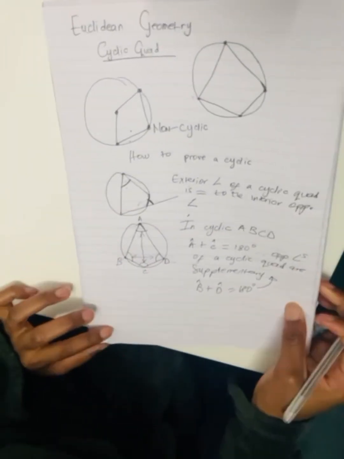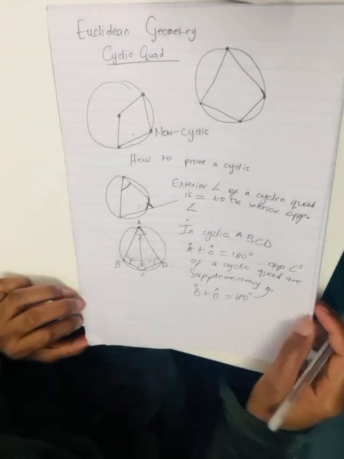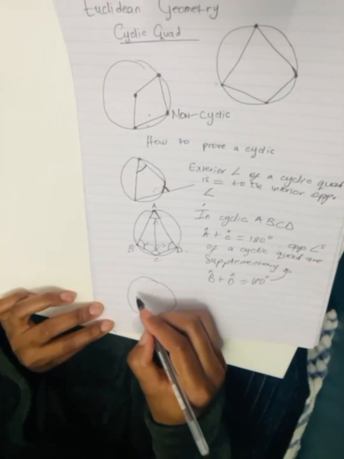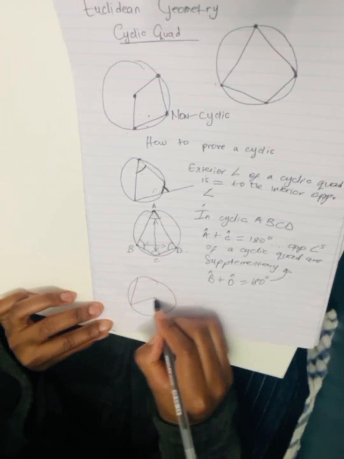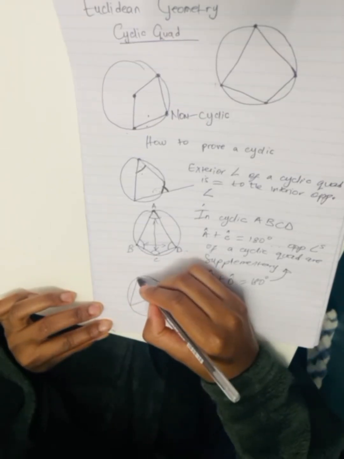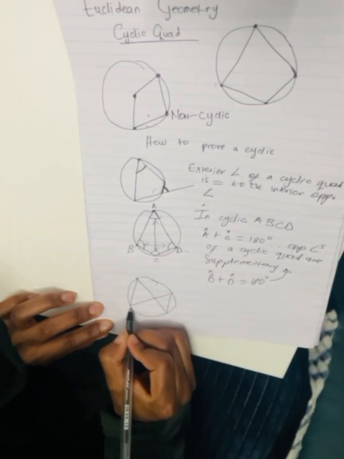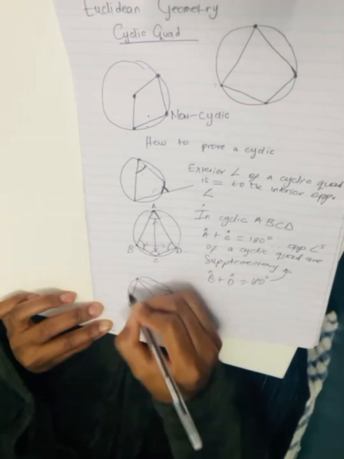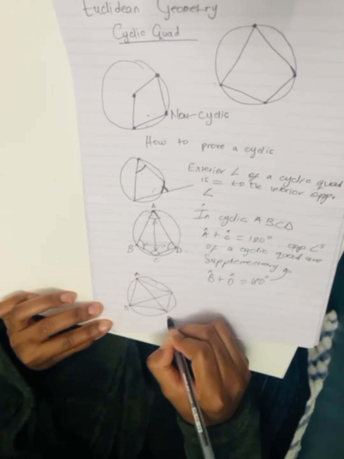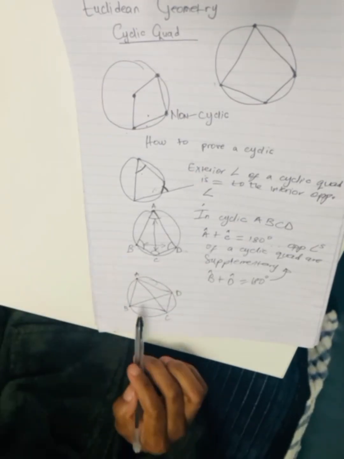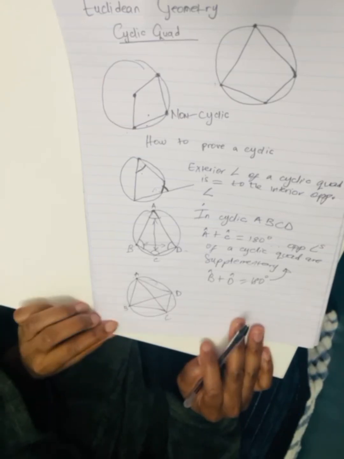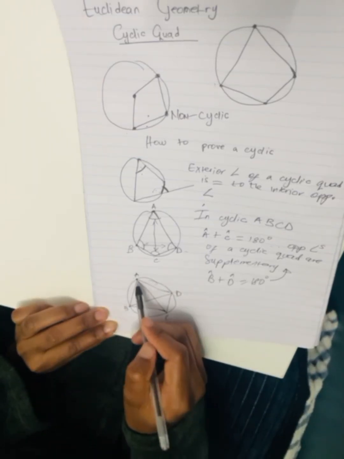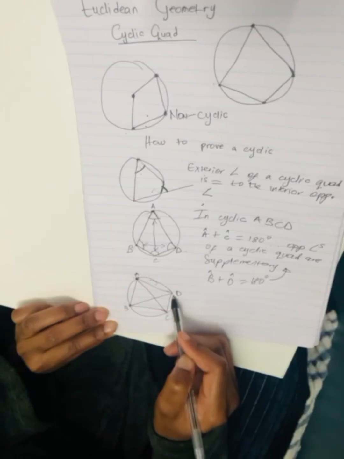So we come to the third one. I hope it's still visible. Let's say you have a cyclic quad like this. This is A, B, C, and D. ABCD is a cyclic quad because it touches the circumference 4 times: 1, 2, 3, and 4.